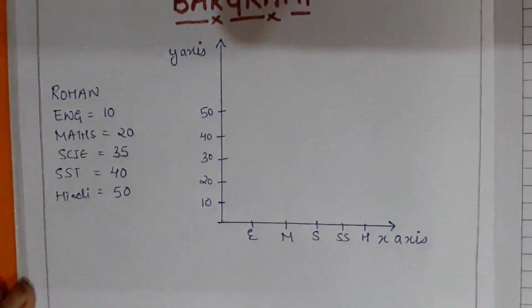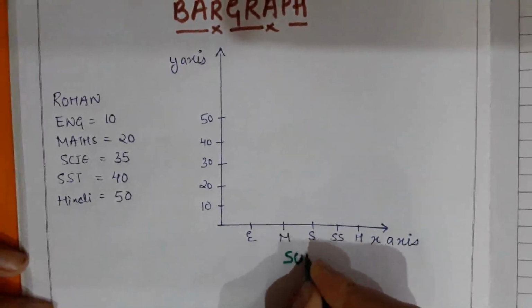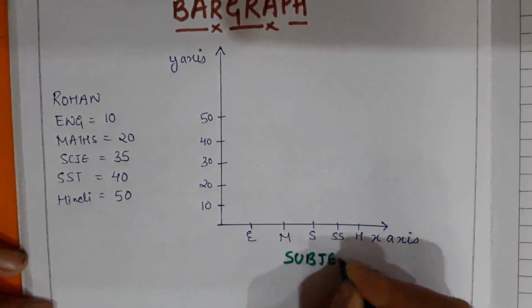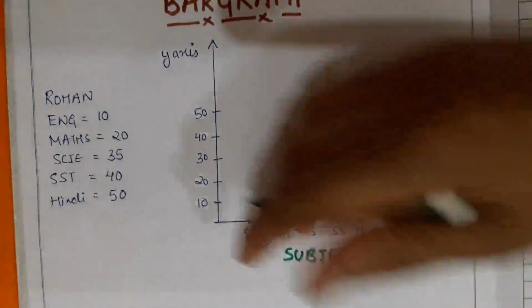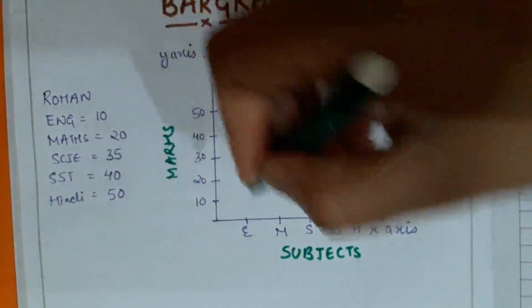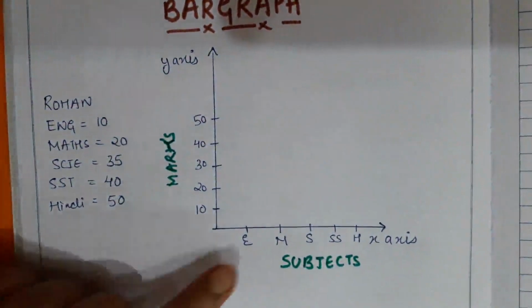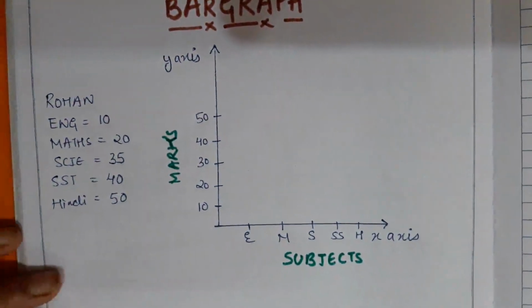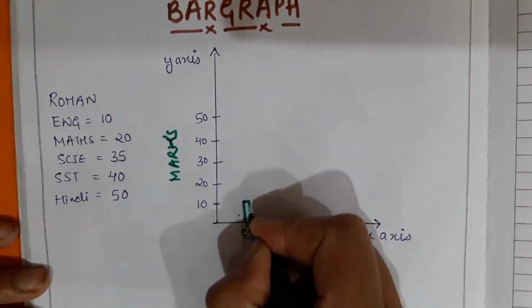So in the x-axis, subjects are there, and in the y-axis marks are there. Clear? So in English, how many marks does that person have? 10 marks. So you can make a graph like this.